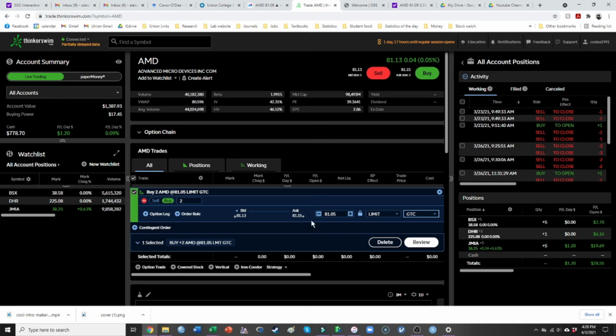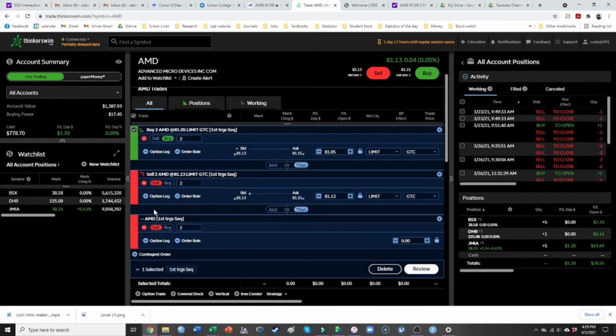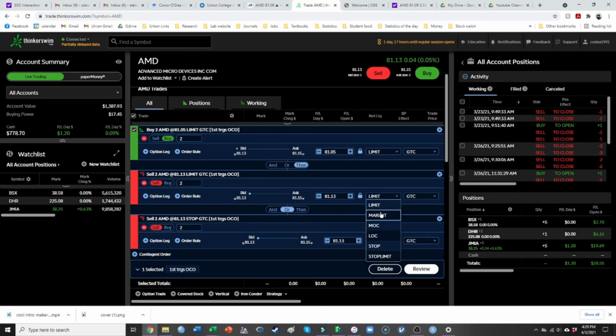Well, now I'm going to do a contingency. So now it's saying, okay, first triggers all. So once this one buys, then it's going to trigger these other things. So I'm going to go ahead and say I want to sell here, and I want to do OR here. I want to sell there too. So I'm going to do a sell, and I'm going to put a stop order in.